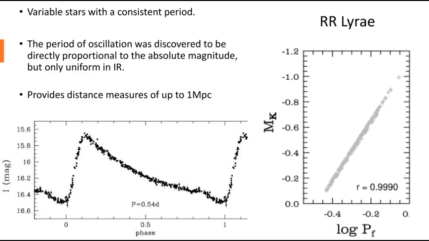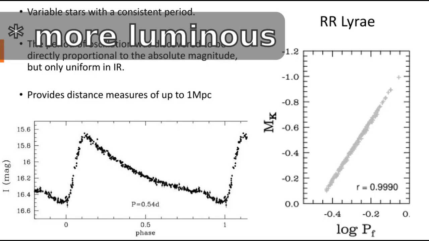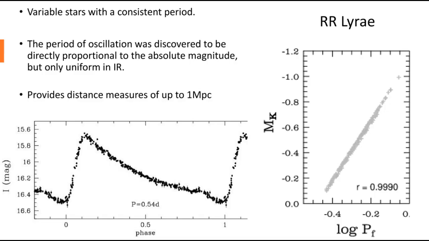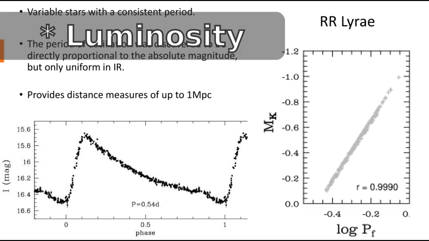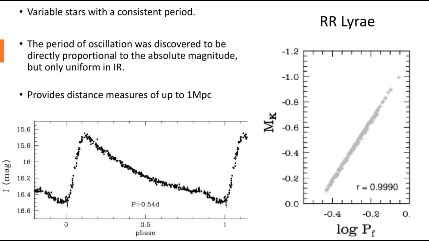So what this is telling you is that the longer the period, the brighter that star is going to be. So just by measuring the period of one of these RR Lyrae, which is just making this kind of graph and seeing where the peak to peak is, you can figure out what brightness it is and use that to establish a standard candle.